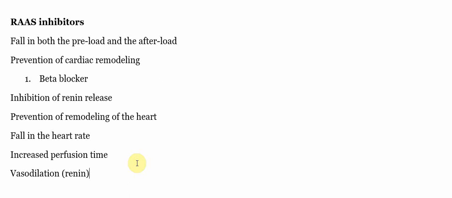Another interesting thing is that when you're going for the treatment of congestive heart failure and you want to give an ARB, as I mentioned, an angiotensin receptor blocker. So when angiotensin 2 is produced and it wants to have an effect on the adrenal cortex so that aldosterone gets produced, or maybe it wants to have a direct effect on the vasculature to lead to vasoconstriction, in order for it to be able to do that, it needs to go to the site of action and bind to its receptors present on that site.